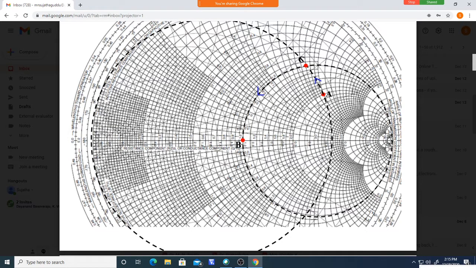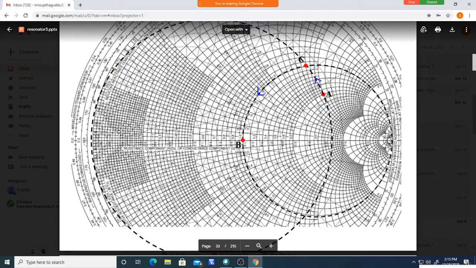If you move like this, you can move over the resistance circle also. But you should think: if I move like this over a resistance circle, can I reach an r is equal to 1 circle? If I move like this, I cannot reach either the r is equal to 1 circle or the g is equal to 1 circle.